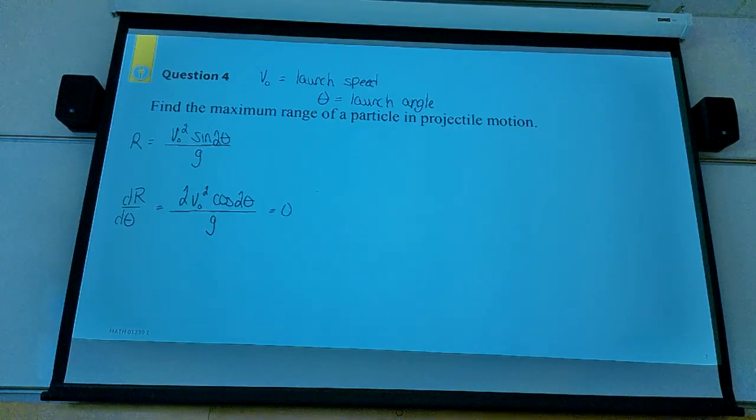So set it equal to 0 and solve for theta. That means cosine of 2 theta would have to be 0. What are all the possible values for 2 theta?